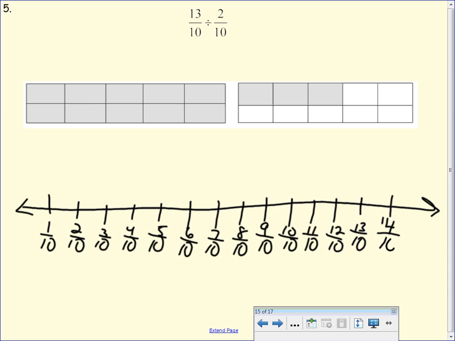And you can continue your number line. But we're only looking at 13/10, so I know I have to stop it right here.